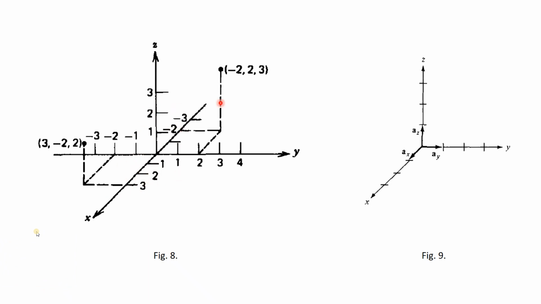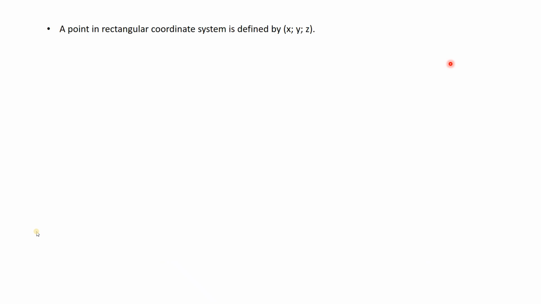These coordinate systems are not only used for locating points, because points are scalar, but they are also used for locating vectors. So the vector part we will come to later, in the next class, because that will be better.